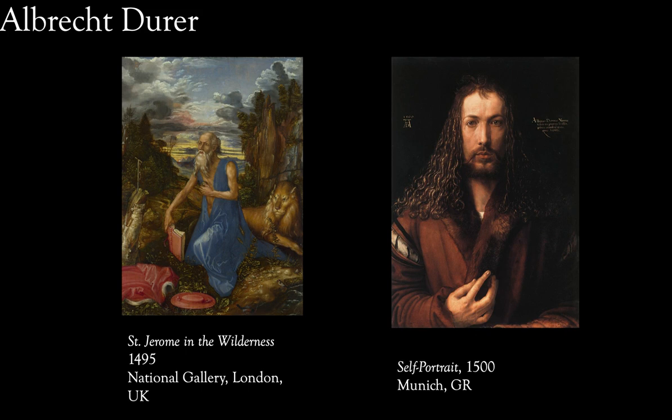And then on the right, we see a rare self-portrait of an artist. This is also oil on panel. This is currently located in Munich, Germany. And this is a really bold and unique style of a self-portrait. It's very direct and confrontational, right, with the subject of the painting staring directly at the viewer. There's a rigid symmetry to it, right?